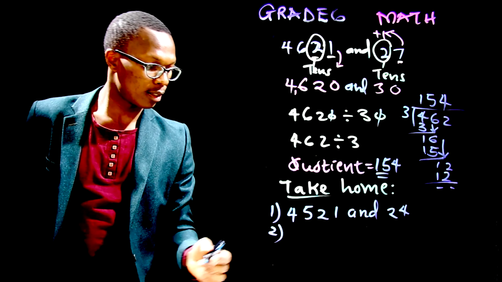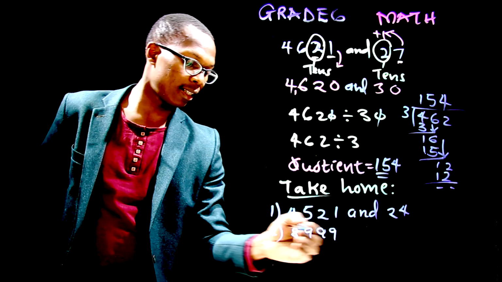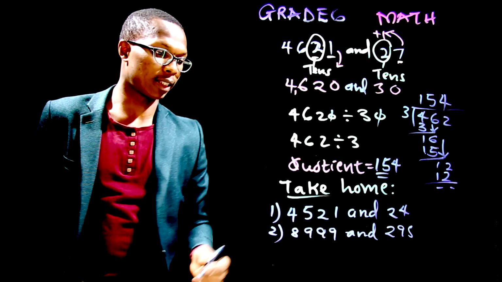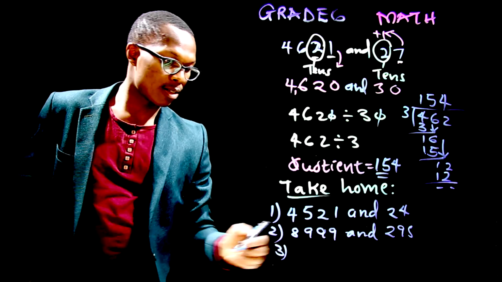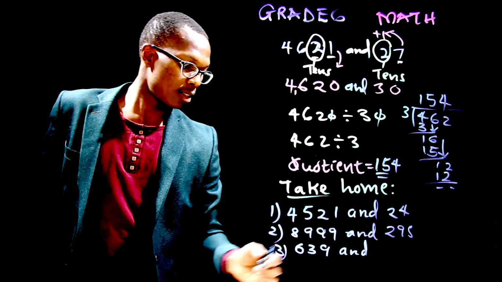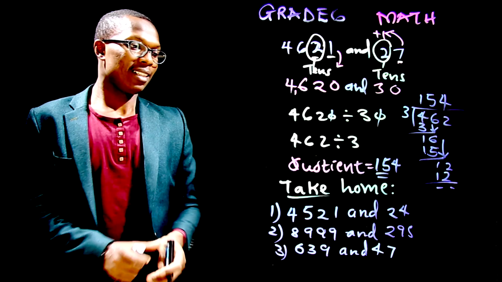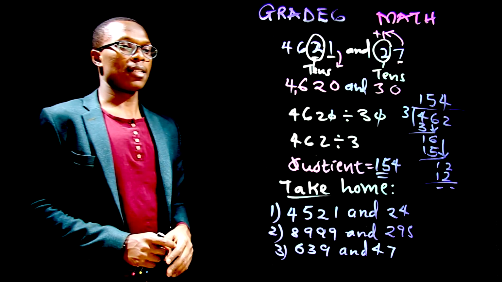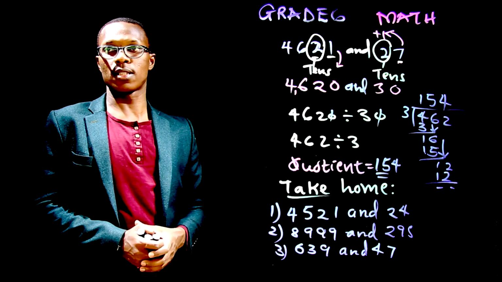The second one, 8,999 and 295, okay? And then we also have 639 and 47. I think these are enough, okay? So you can try to practice, try to find if you can get the quotient.